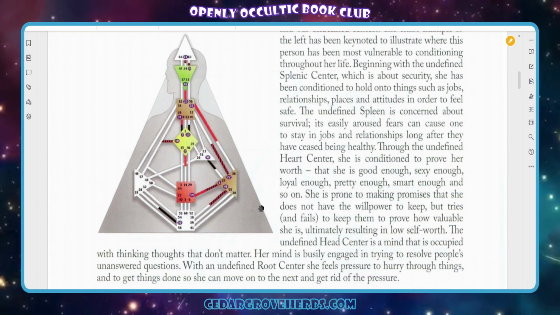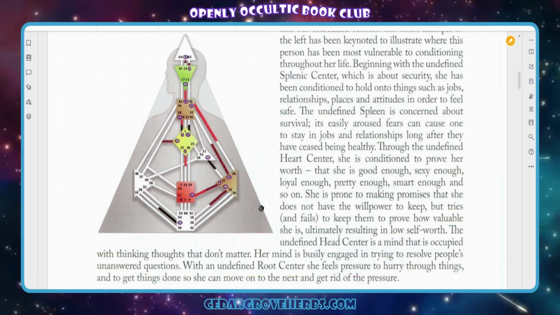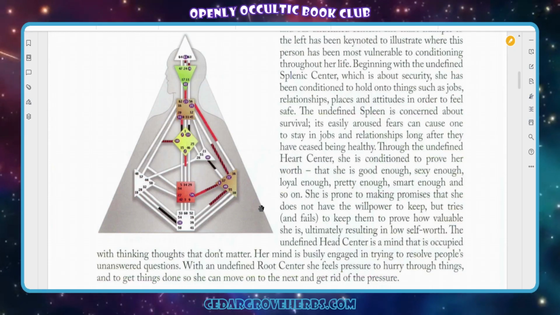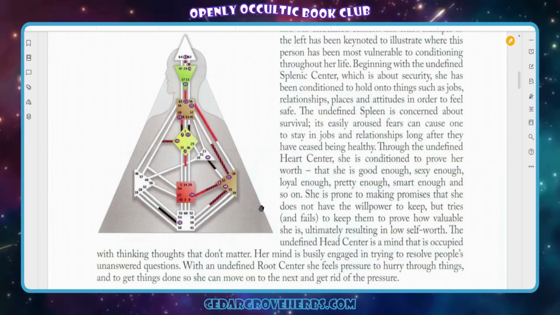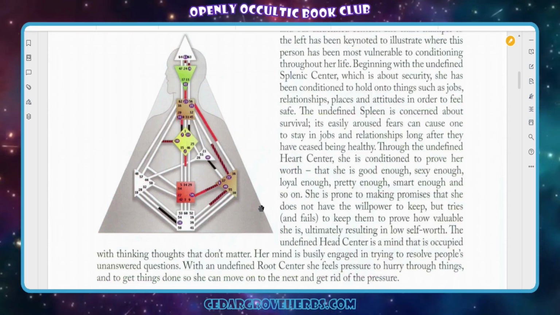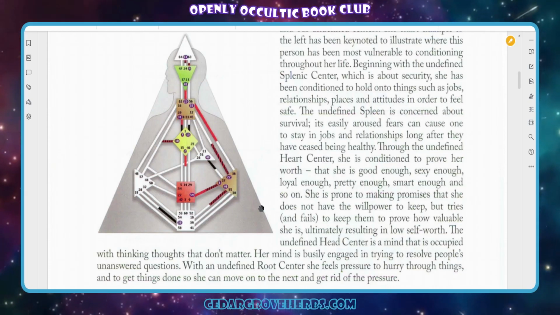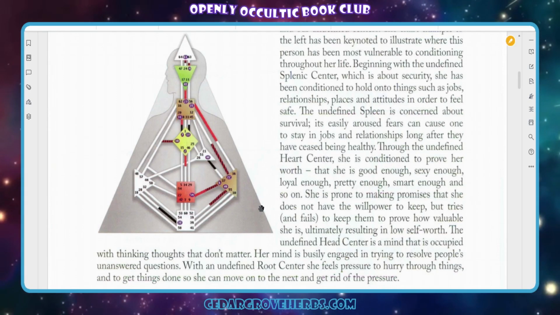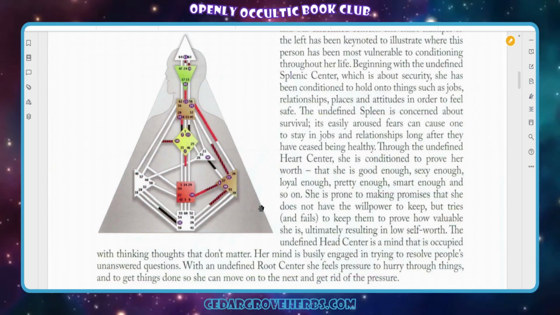Through the undefined heart center, she is conditioned to prove her worth, that she is good enough, sexy enough, loyal enough, pretty enough, smart enough, and so on. She is prone to making promises that she does not have the willpower to keep, but tries and fails to keep them to prove how valuable she is, ultimately resulting in low self-worth.